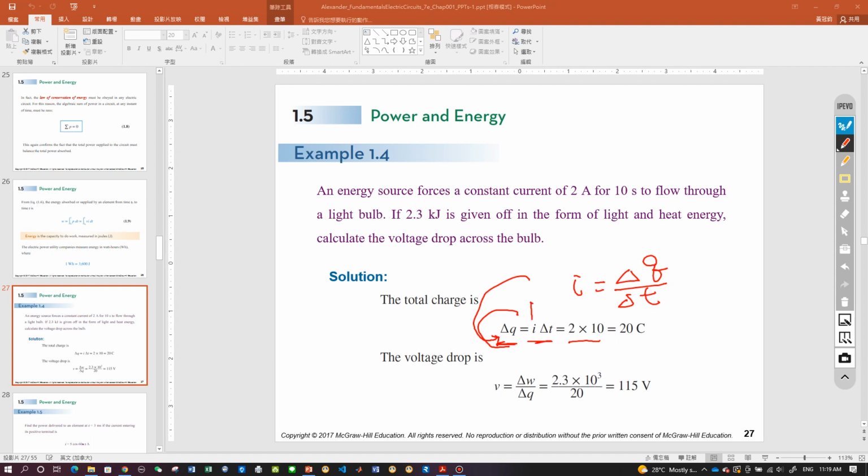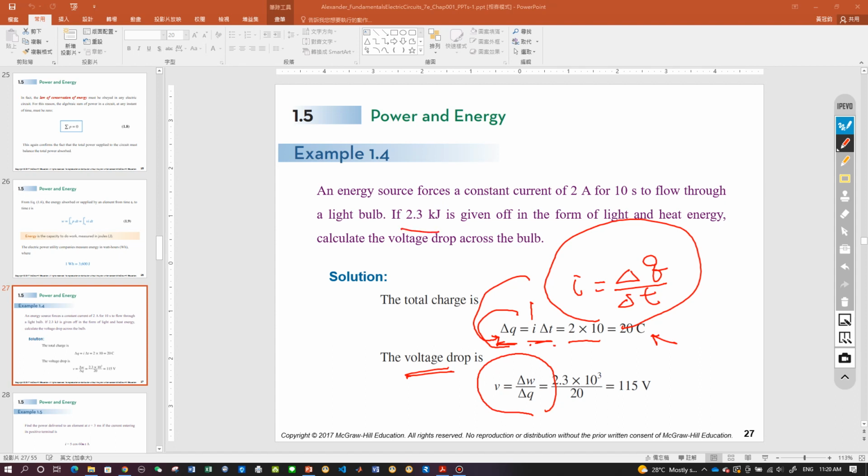Just remember where this comes from. It comes from a previous equation. Because we have a current and we have time, we know the total charge that goes through this lamp is 20 coulombs, and with the voltage drop here, 23 joules.